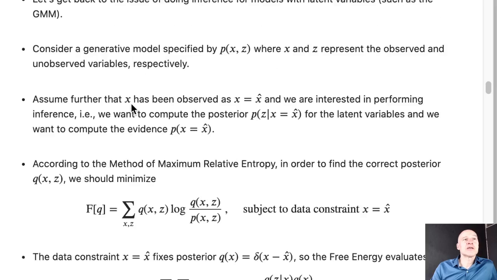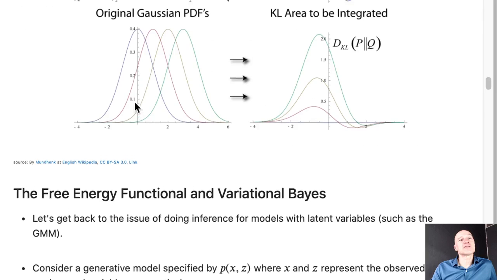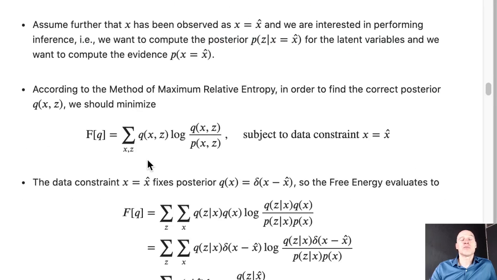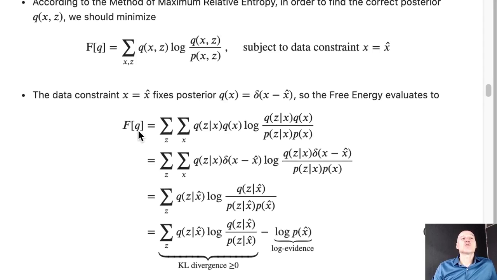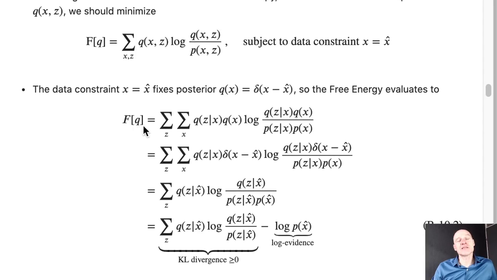Since I used to say F is a function of P and Q above, of course it's a function of P and Q. But if I'm only interested in minimizing it with respect to Q, then we write it just as F of Q. Also note the square brackets. The relative entropy, the Kullback-Leibler divergence and the free energy functional are functionals, meaning they are functions of functions.